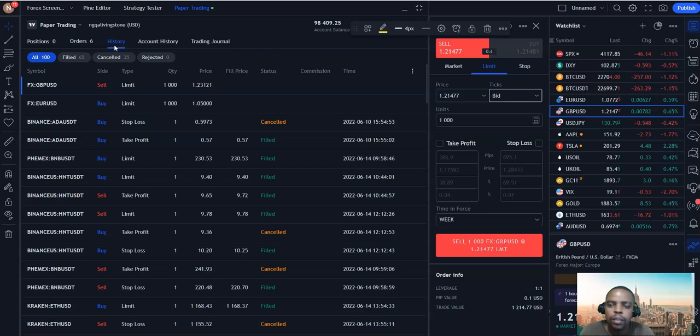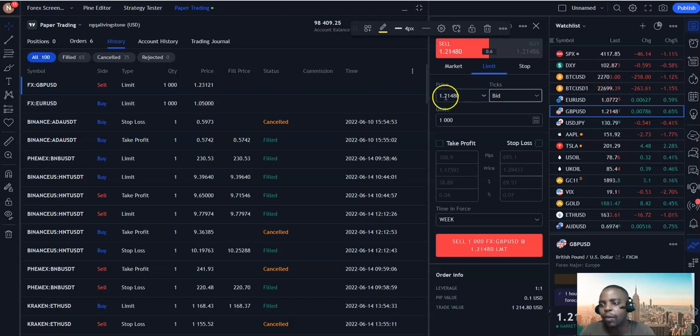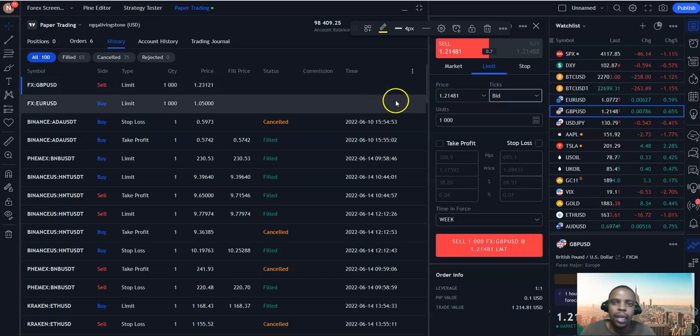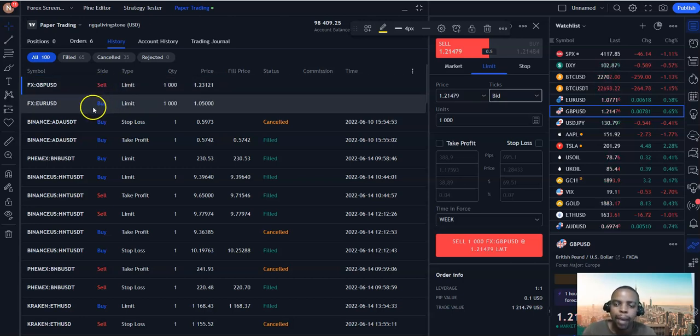Check out our history. There we go, sell and buy limit orders. Be aware that they are not yet triggered, so you won't see profits and losses as yet. You still have to wait until it triggers the price that you have set in. So there it is: sell limit, buy limit, euro, Great British Pound.